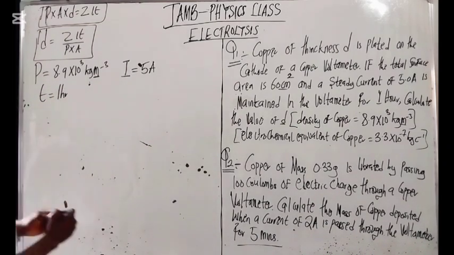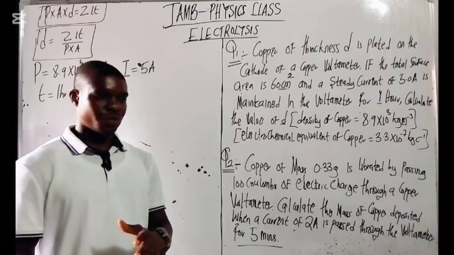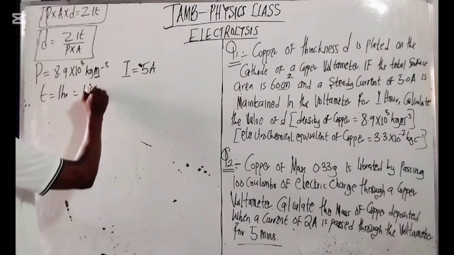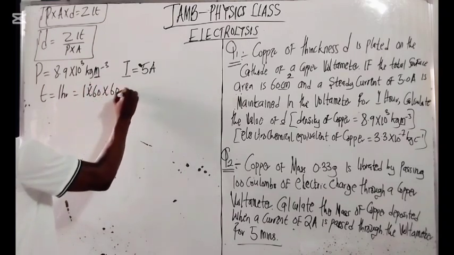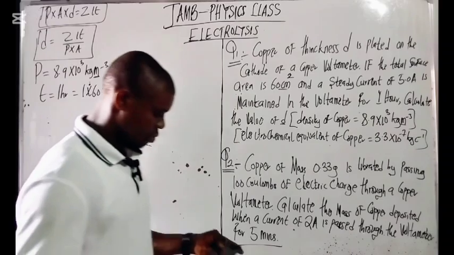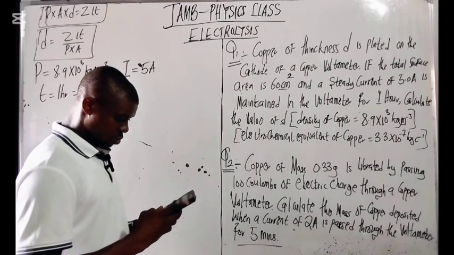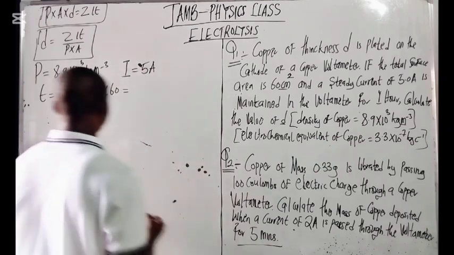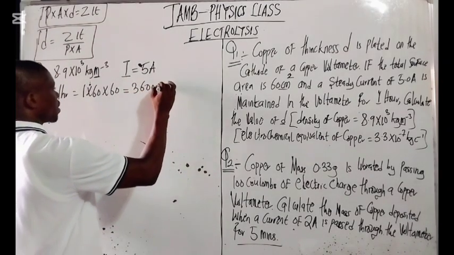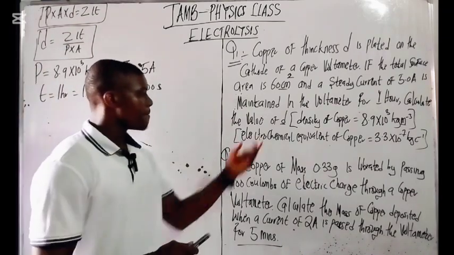The hour must be converted to seconds, because time is measured in seconds. So it is going to be 1 times 60 times 60, which is 3,600 seconds. Understand this now.